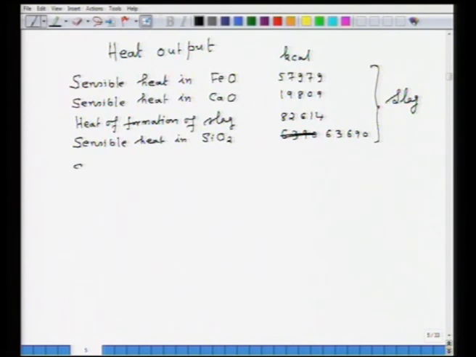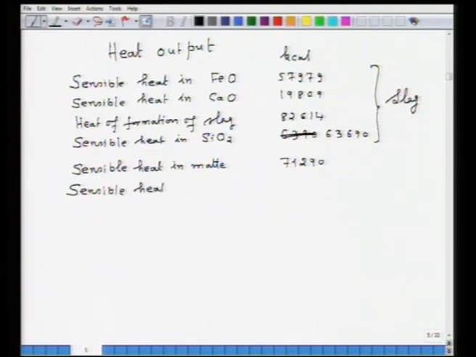Then, sensible heat in matte is equal to 71290 kilocalorie.